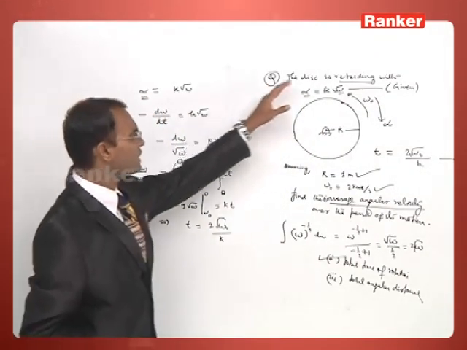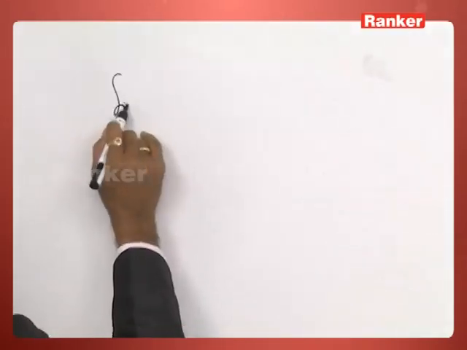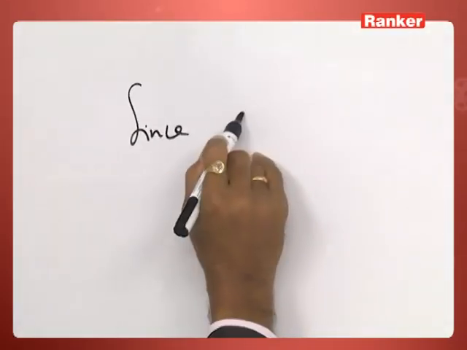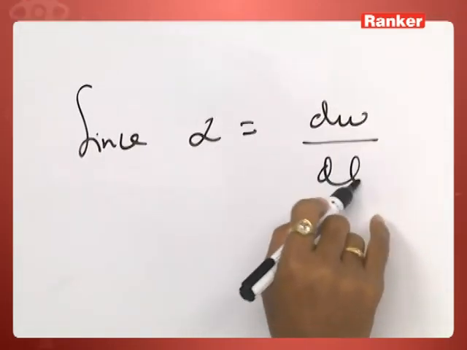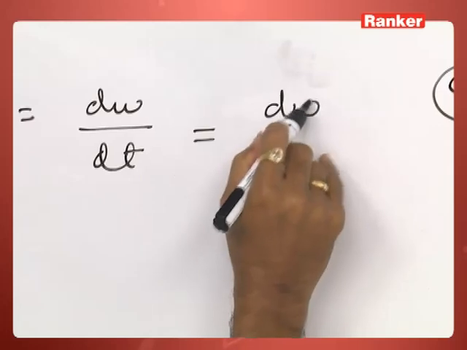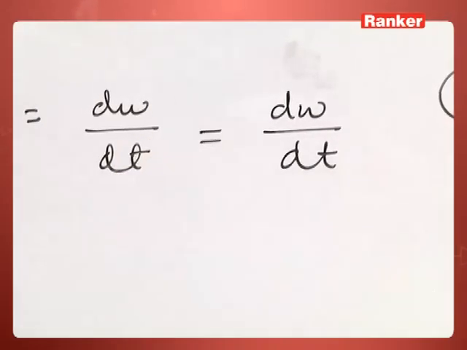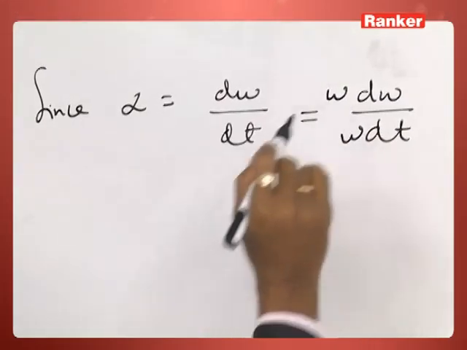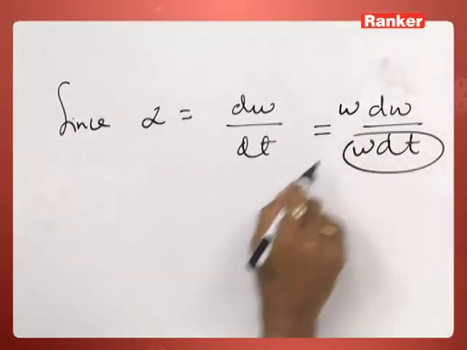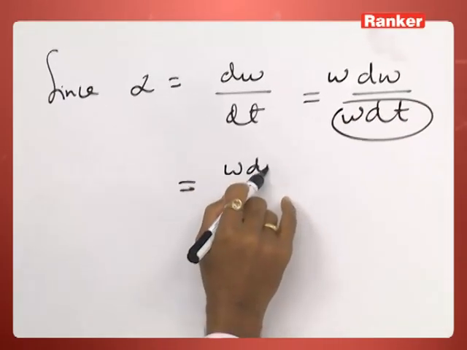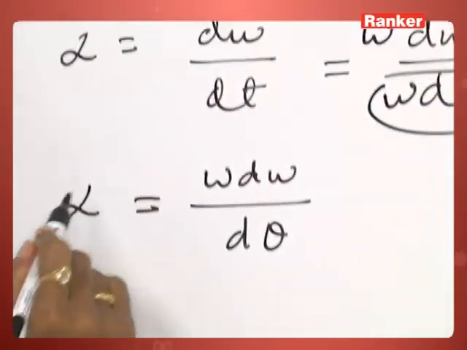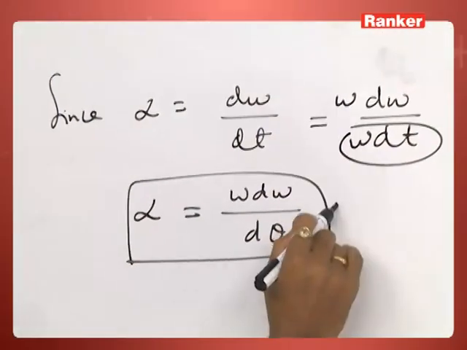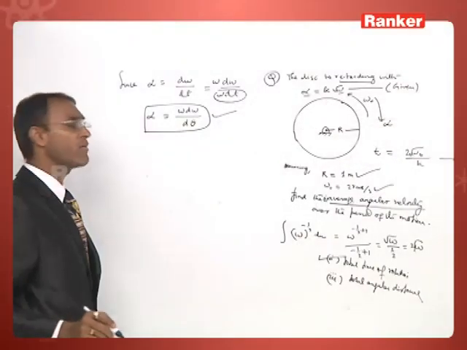Next, we need to calculate the total distance covered. Since alpha is equal to d omega by dt, multiplying in the numerator and denominator by omega, omega dt we can just write as d theta. Therefore, in terms of omega, we can get this expression of angular acceleration.